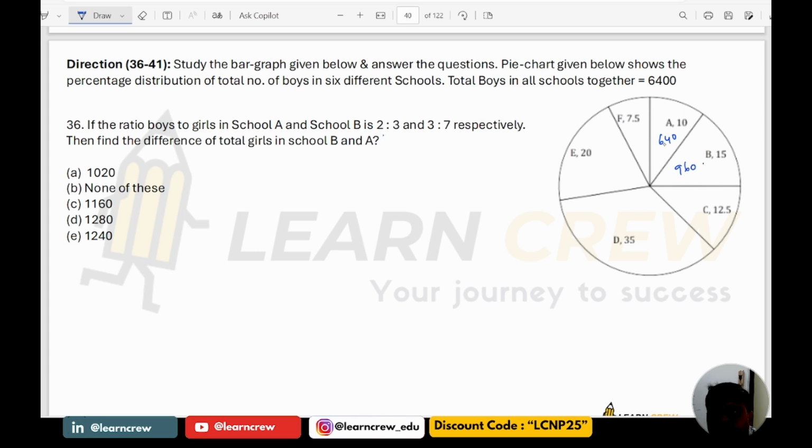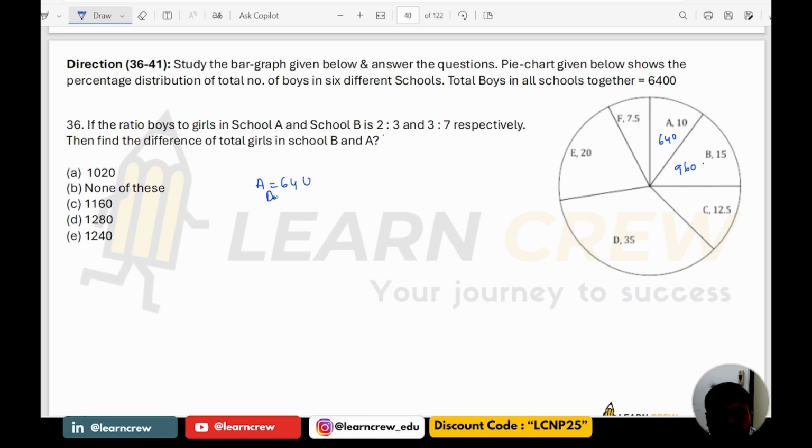And this is 2:3. The number of boys in school A is 640. No, the data is given for boys, so 640 is 2 parts.